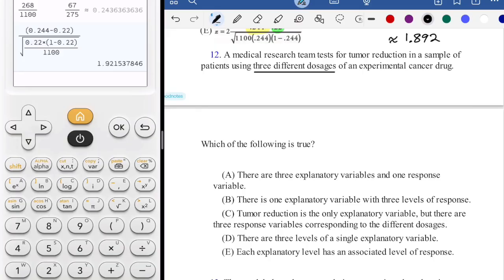That's a single drug, right? So this is my explanatory variable. Or really, it's the treatment. But we want to know if this treatment is going to cause some sort of change, so we'll treat that as the explanatory variable.